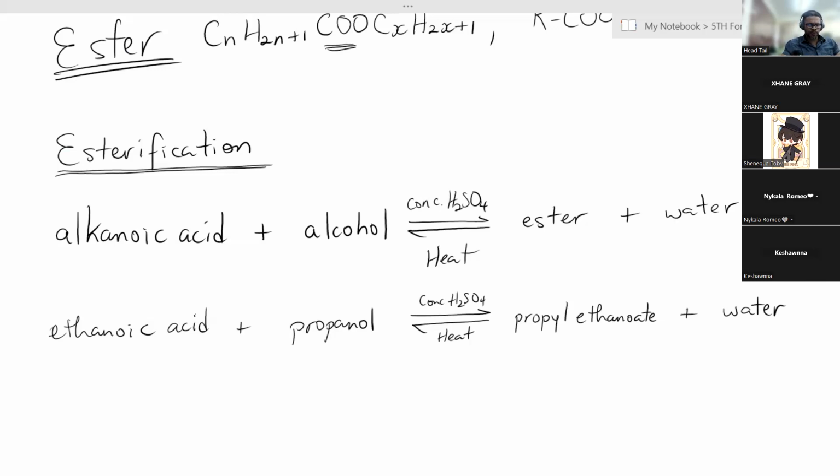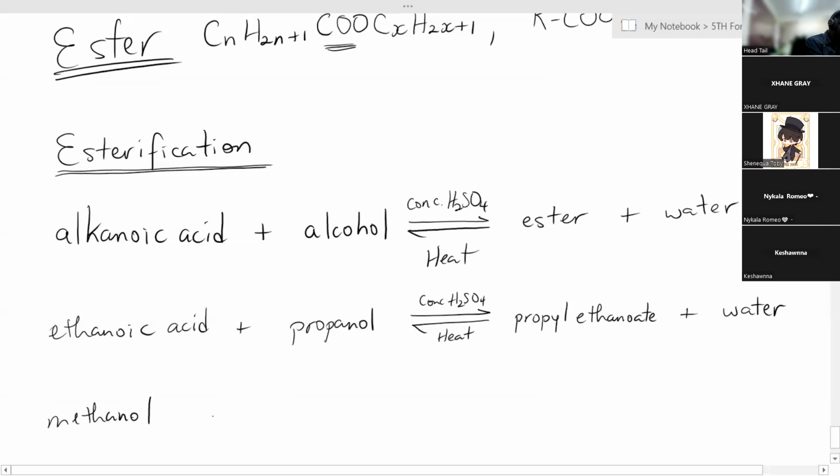So example, let me see if I can ask a question. I'm going to call out Josiah. So Josiah, let's say that I have an alcohol called methanol, and I am reacting it with an alkanoic acid by the name of butanoic acid. So methanol is reacting with butanoic acid.